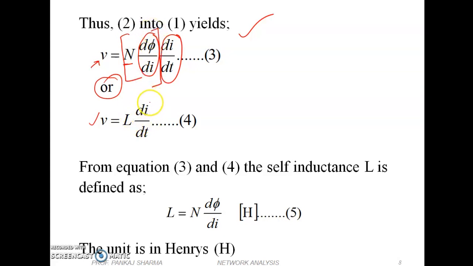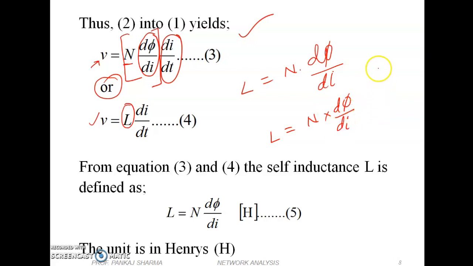This is your L. L is your number of turns into rate of change of flux with respect to current. Okay, inductance is your number of turns into d phi by di.